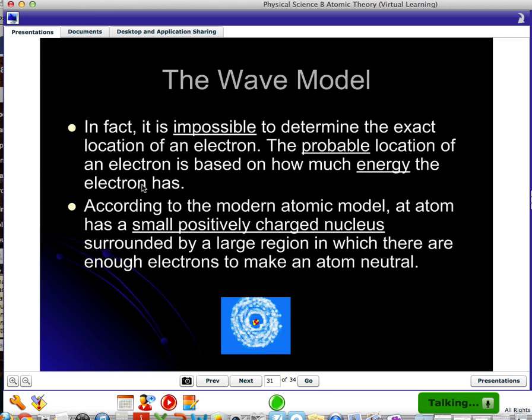It is impossible to determine an exact location of an electron. So again, it's the probable location based on how much energy that electron has.